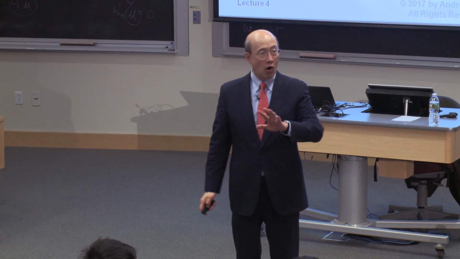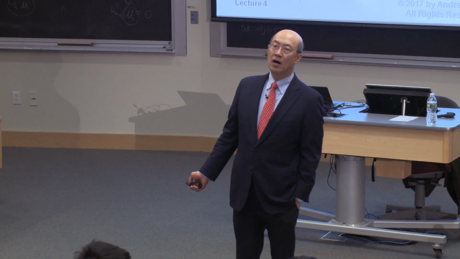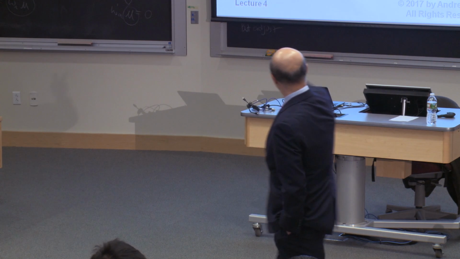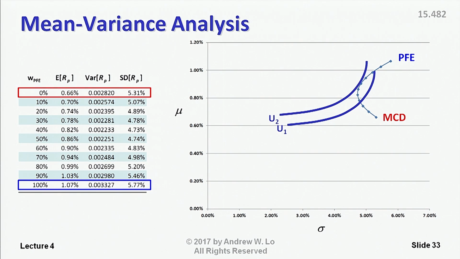Now, it doesn't mean that they're all going to take the same portfolio. So it depends on their risk preferences. So here's Miss U1. So U2 goes here. This particular individual would like to be, at this point, of a combination of Pfizer and McDonald's. But a somewhat more risk-averse individual might actually be at a different point here.